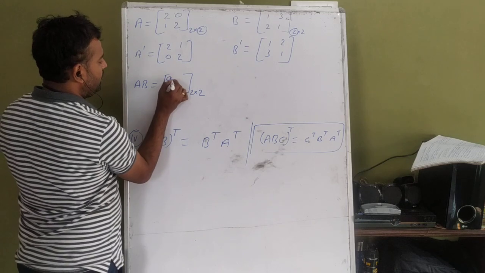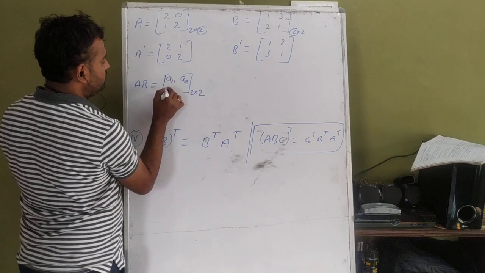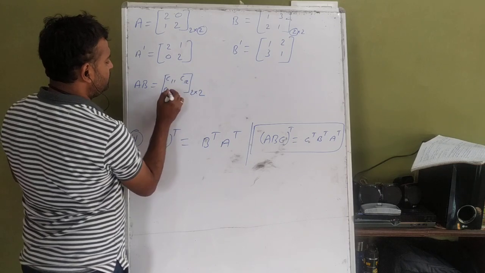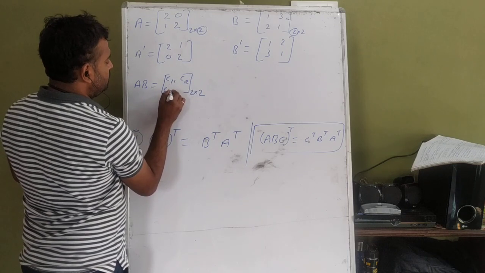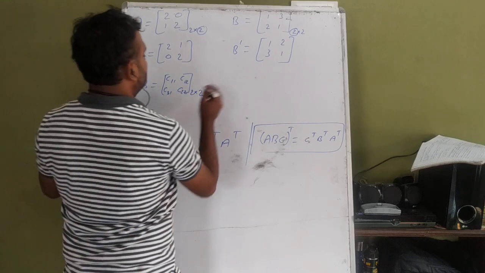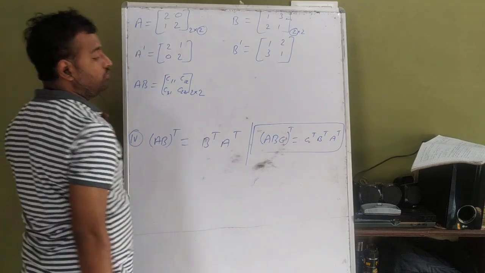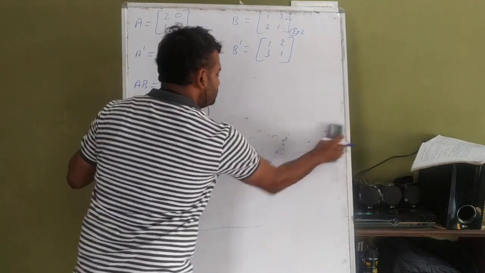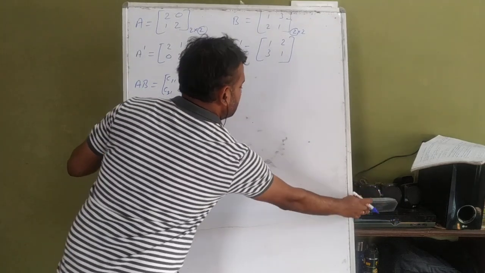It can be written as C11, C12, C21, C22. Now how can we find C11? This is the product case here.